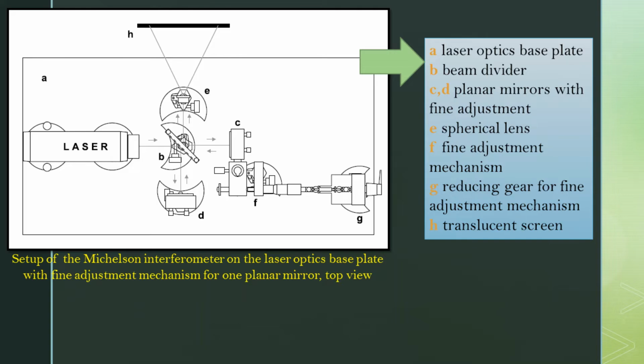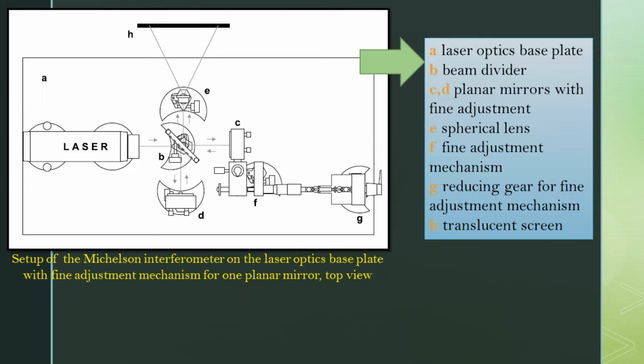C and D are the mirrors. D is a separate mirror. The beam which is reflected by the beam divider is incident on mirror D, and it reflects back. And mirror C is attached to another setup.